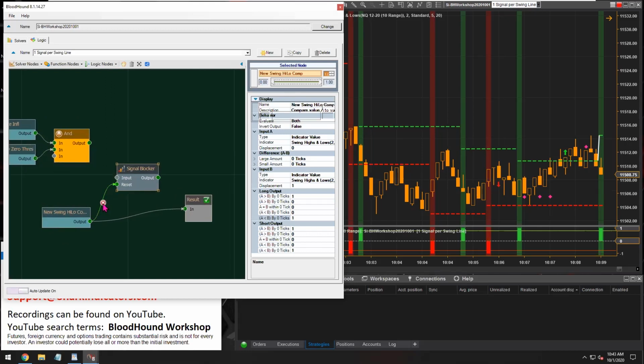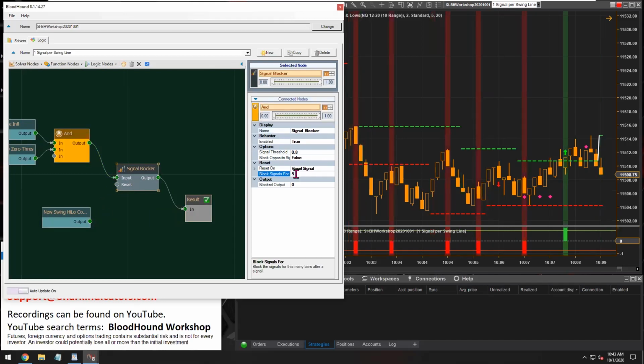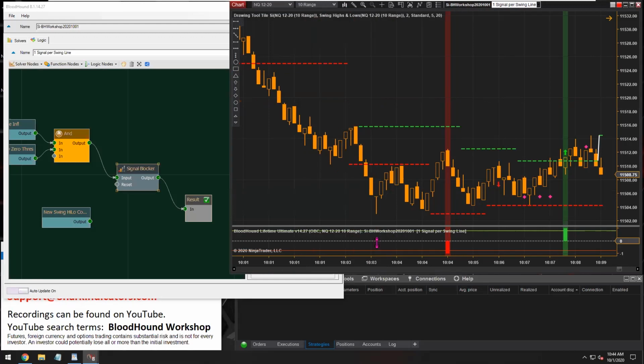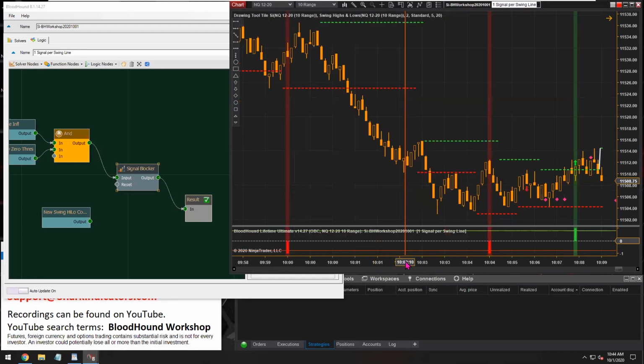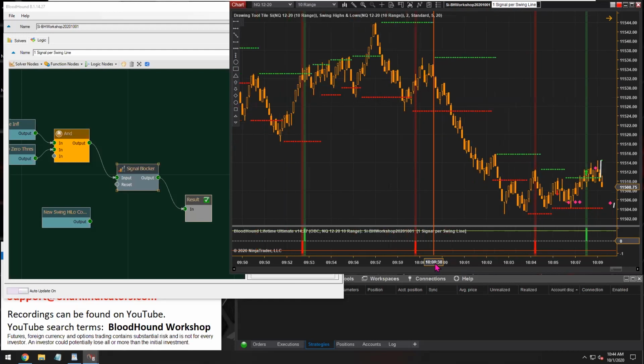Before we get ahead of ourselves, let's just take a look at the signal blocker first. Let's block for 50 bars here. There. So the signal blocker, you'll see in just a moment, basically blocks signals. Pretty straightforward.